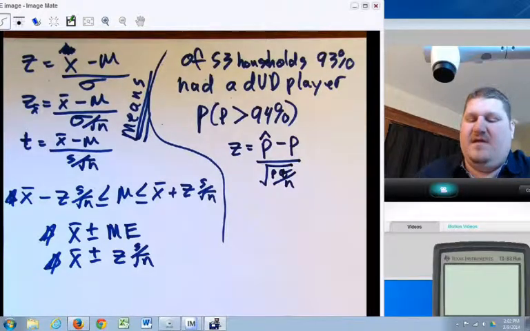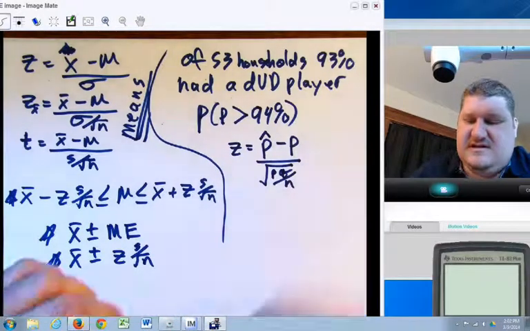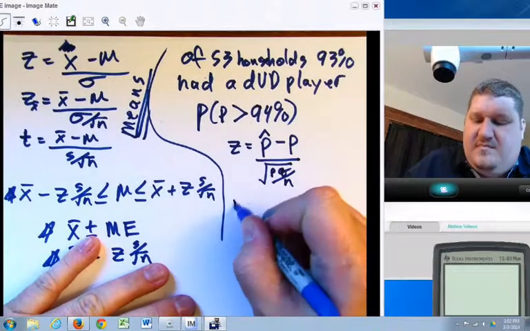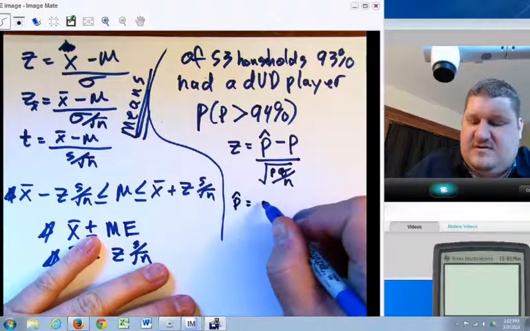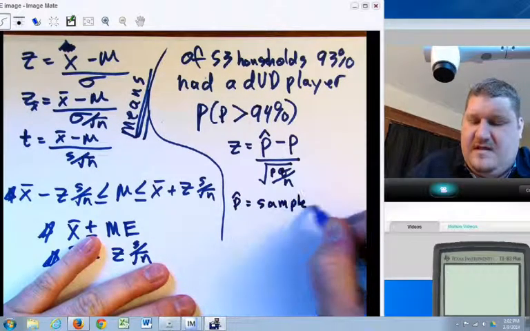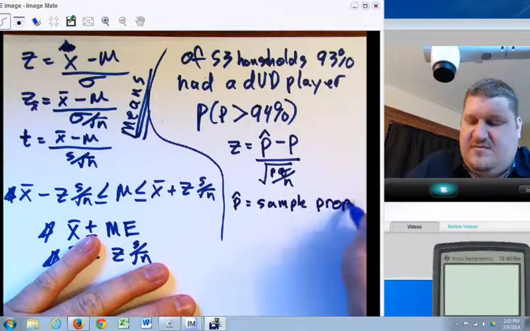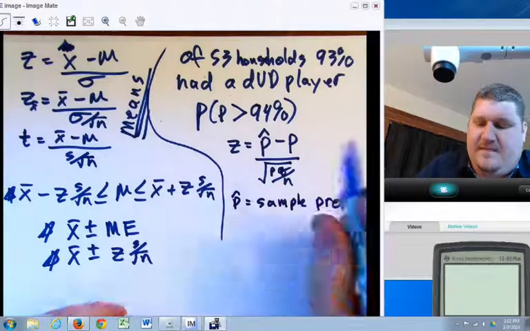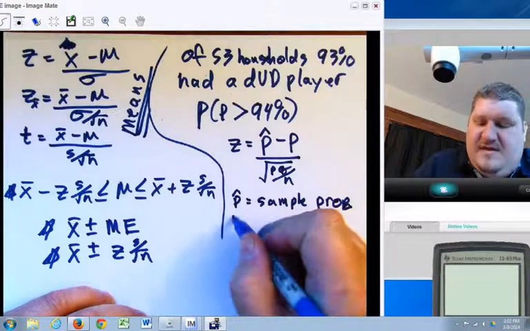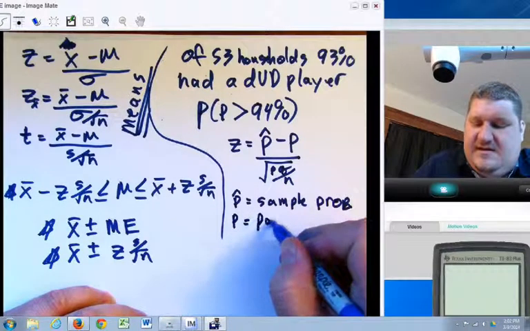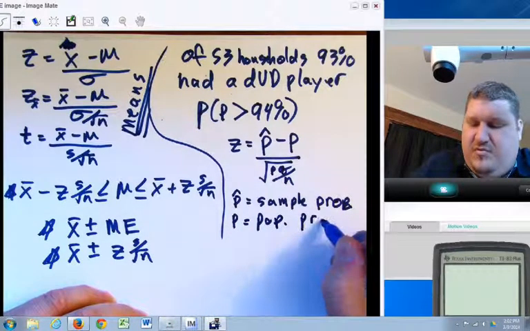Now, let's talk about what each of these things is. P hat is your sample proportion, probability, percent. P is the population proportion.